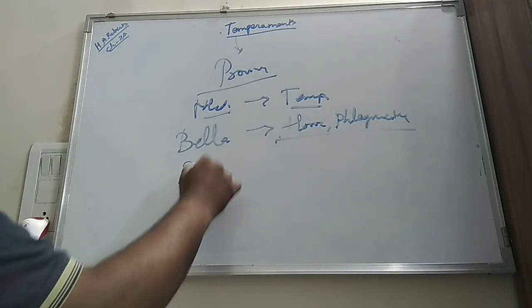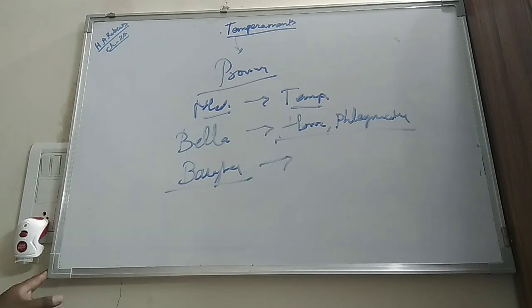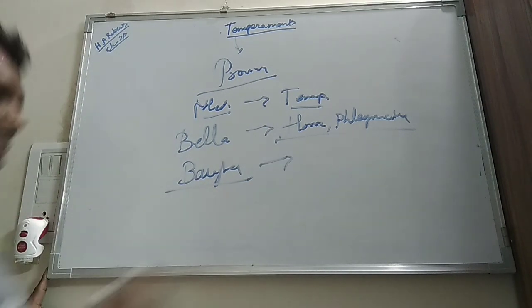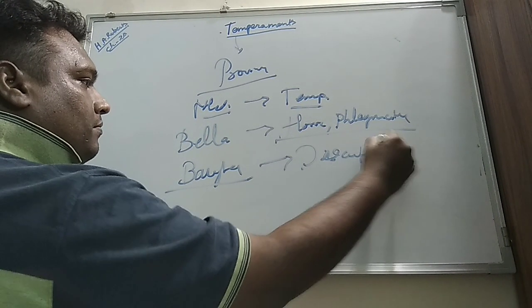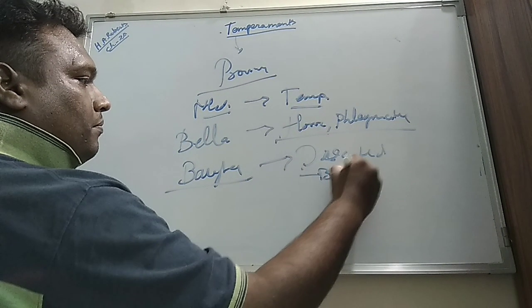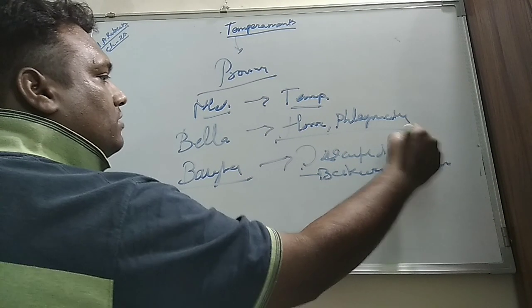Baryta carb directly affecting dwarfed, backward individual which has stunted growth.